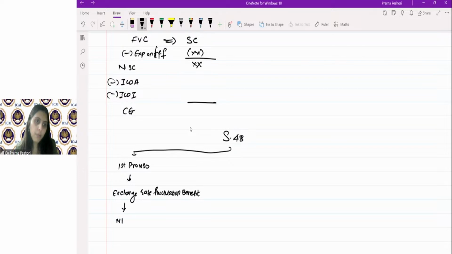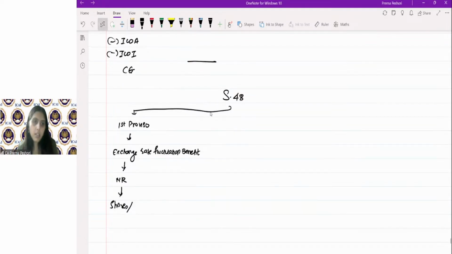This is applicable only for a non-resident, where the capital gain is arising from the transfer of shares or debentures of the Indian company.